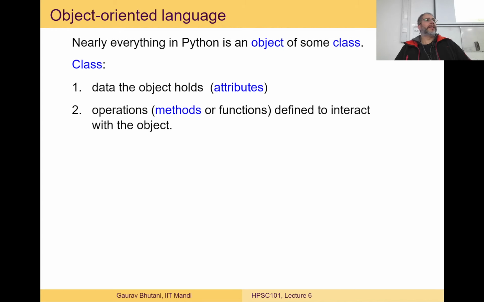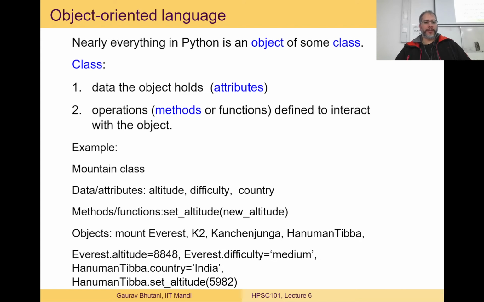One is called data and the other is called functions. Data, as the name suggests, is some information, and functions, as the name suggests, are things that allow you to interact with the object. A very basic example is integers. Integer can be a class, and the objects could be different integers, 1, 2, 3, 4, and so on, and functions could be add integers, multiply integers, and so on.